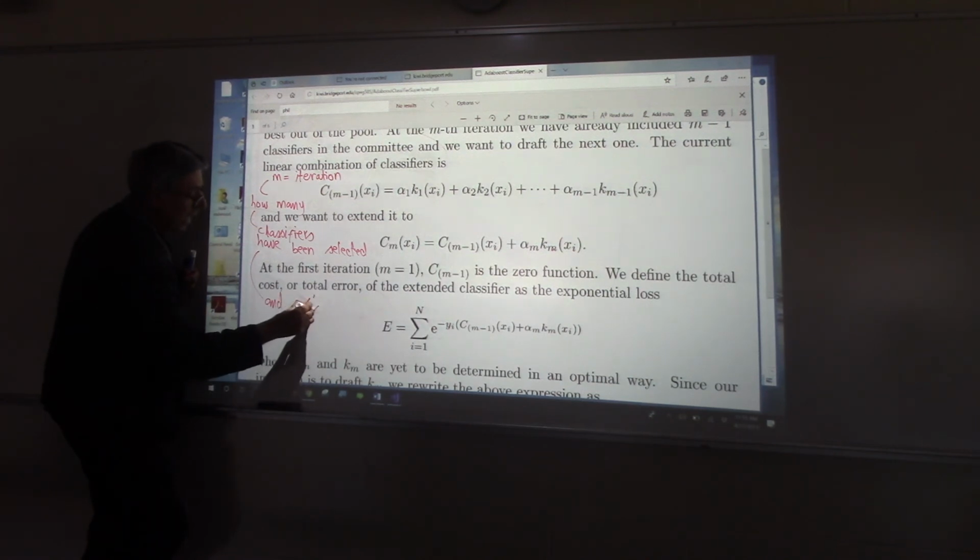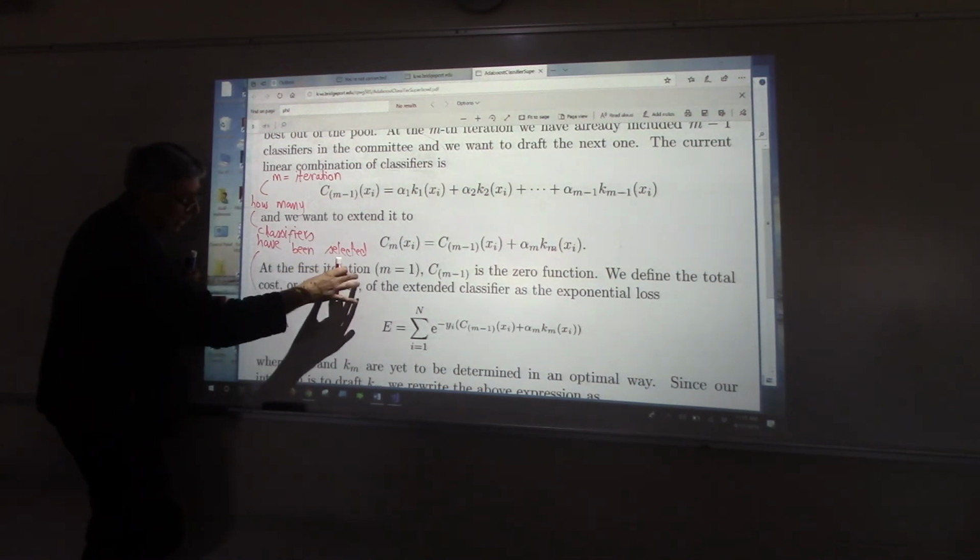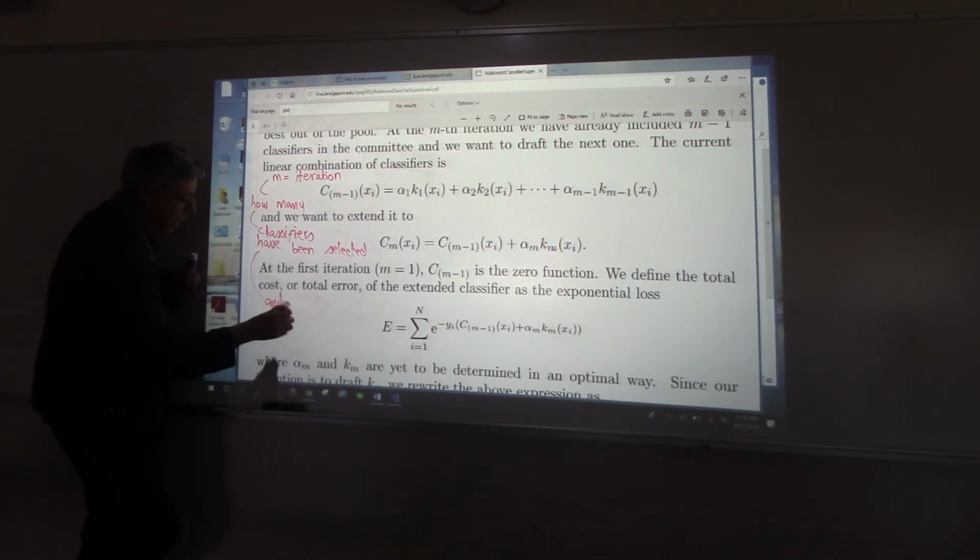And alpha was the coefficient, so maybe I should say, because there's weight as another terminology, another meaning over here, so coefficients assigned.